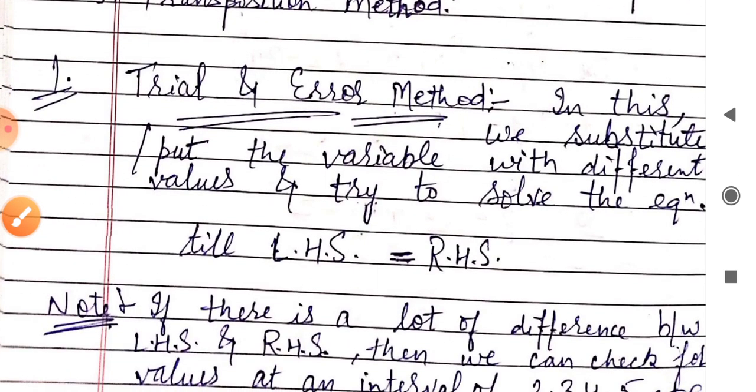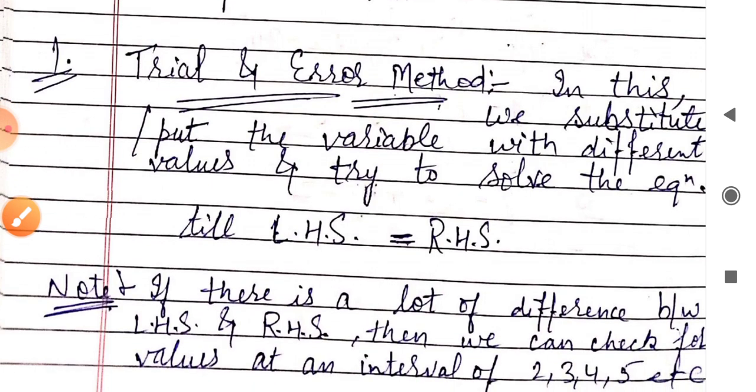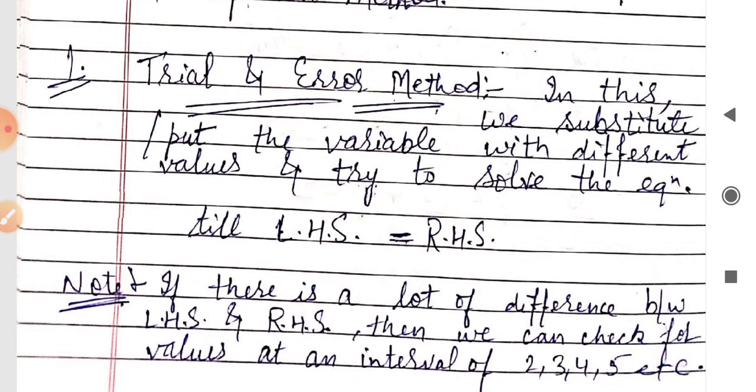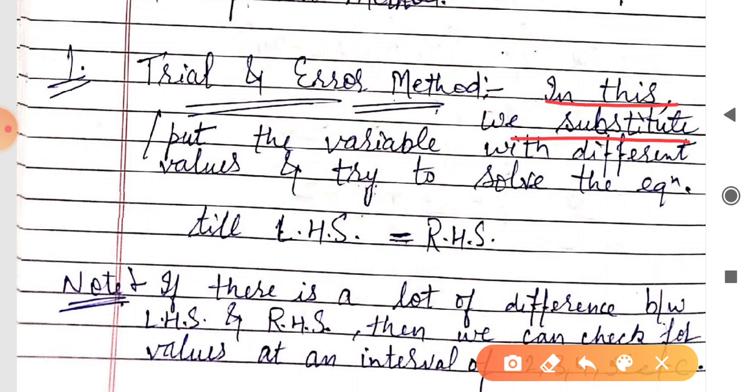What is trial and error? Trial and error means in this method we substitute or put. Substitute means to put the value, to put the value of variable. We substitute the variable with different values. We always put different values of variables and try to solve the equation.